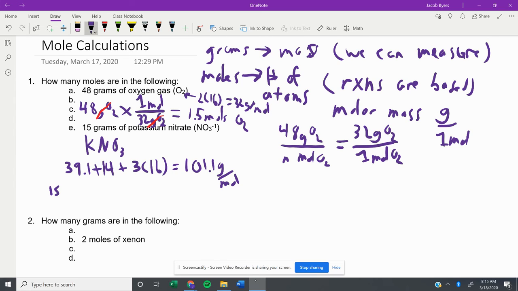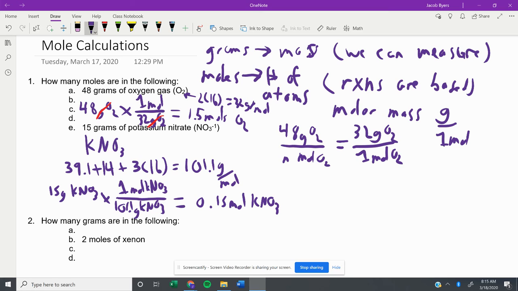So we've got 15 grams of KNO3, multiply by that ratio, and because we start with grams, we have to put grams on the bottom. Put the molar mass down here, 101.1 grams KNO3. When you solve for that, you'll get about 0.15 moles of potassium nitrate.